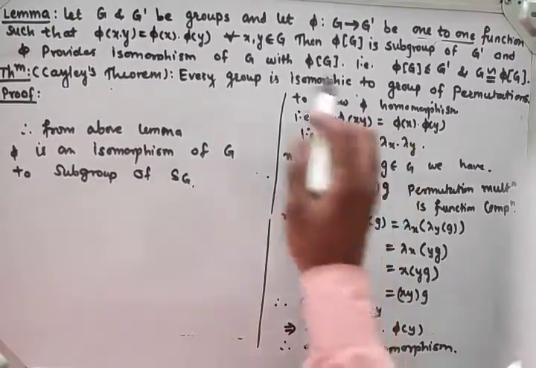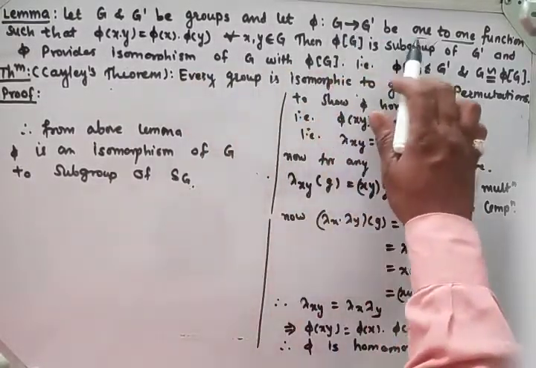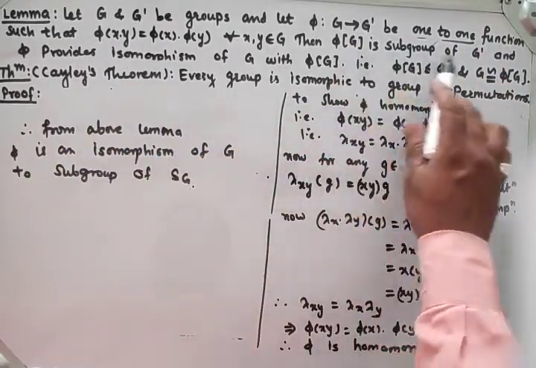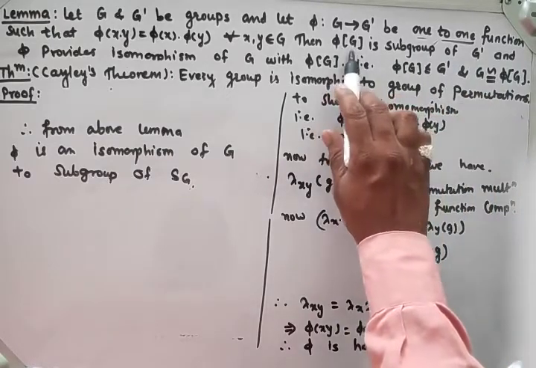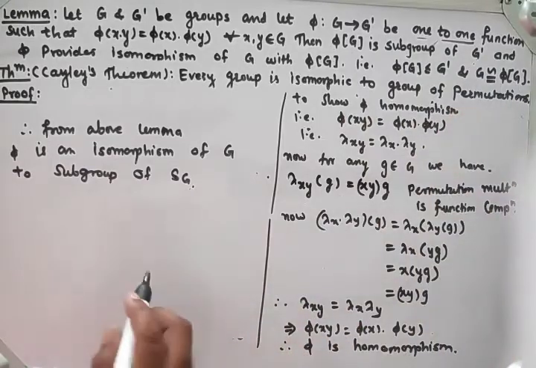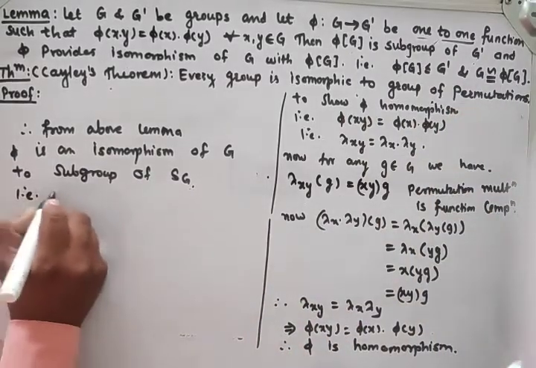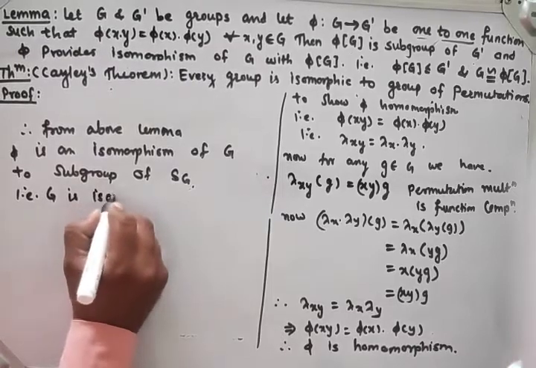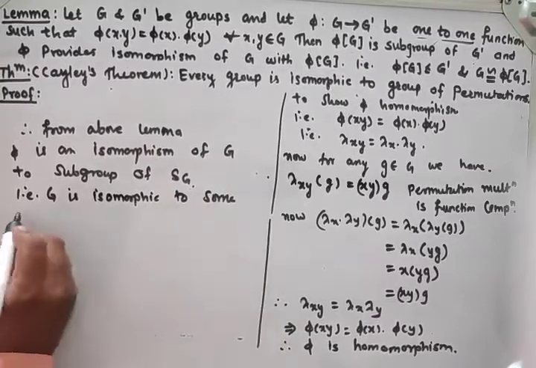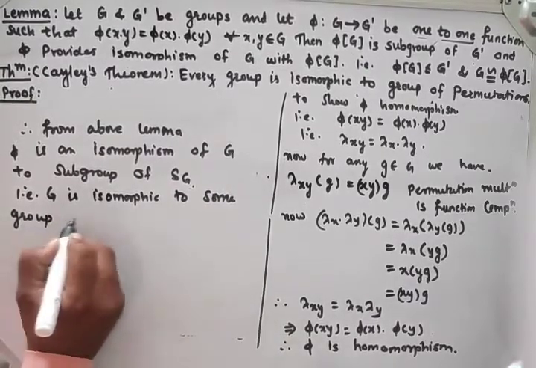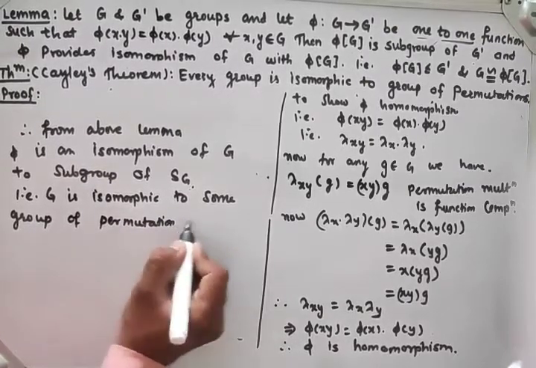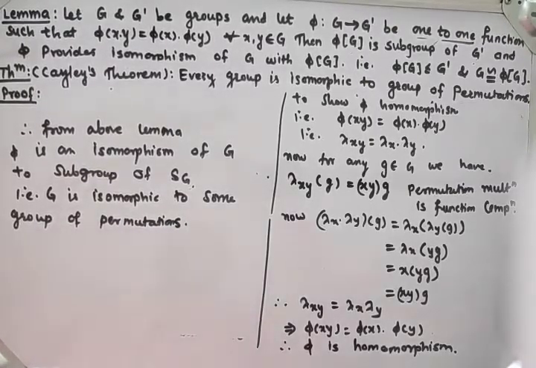Because by the previous lemma, phi from G to G dash is a one to one function and homomorphism, then phi of G is a subgroup of G dash, because phi of G is first a subset of G dash which is a subgroup of G dash, and G is isomorphic to phi of G, right? That is, G is isomorphic to some group of permutations. Hence the proof of Cayley's theorem.